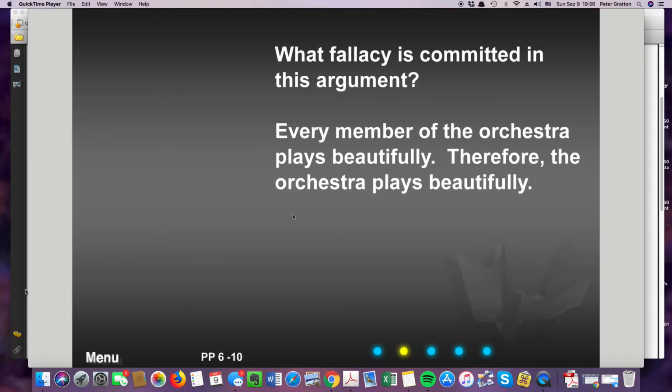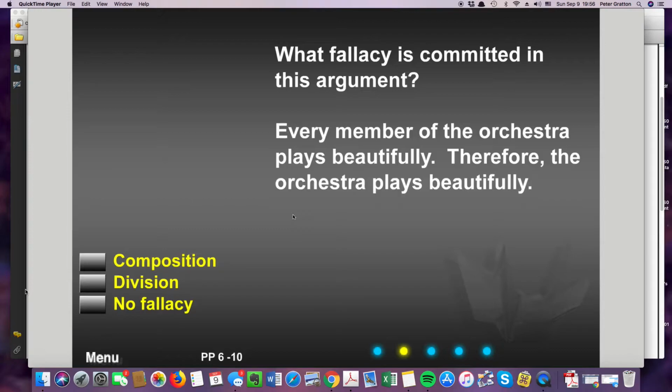Every member of the orchestra plays beautifully, therefore the orchestra plays beautifully. Now this is a problem of composition. You're moving from the parts to the whole. Now, is it the case that if every member of the orchestra plays beautifully, the orchestra itself plays beautifully? I'm a little unsure what the answer might be.